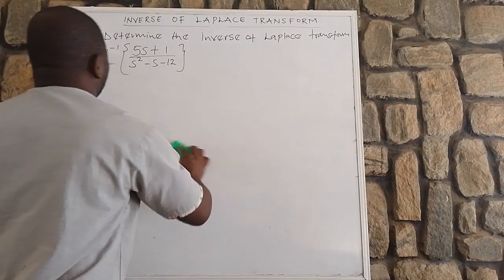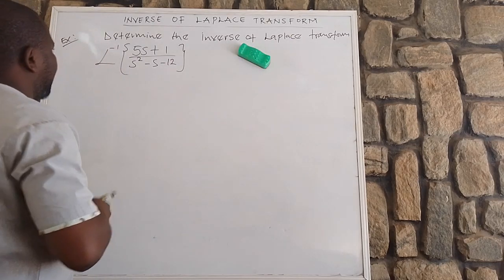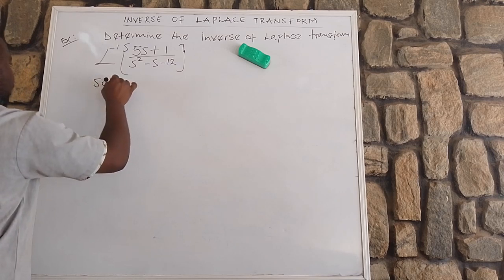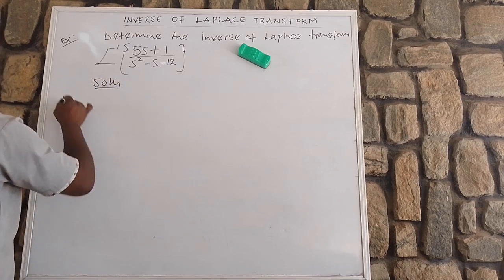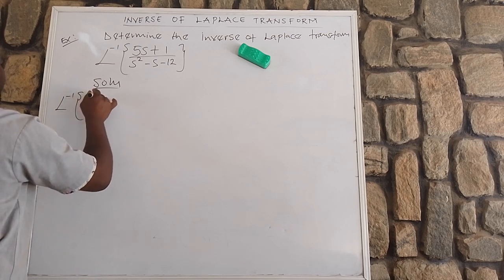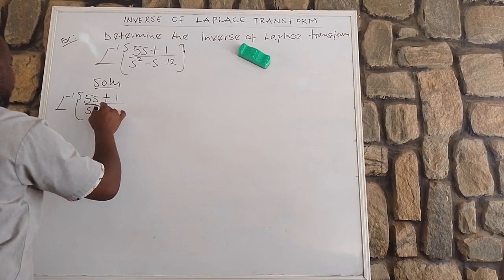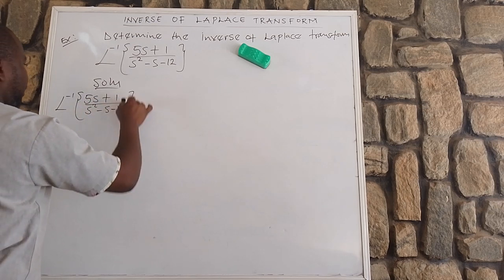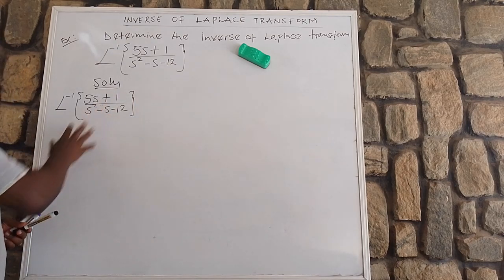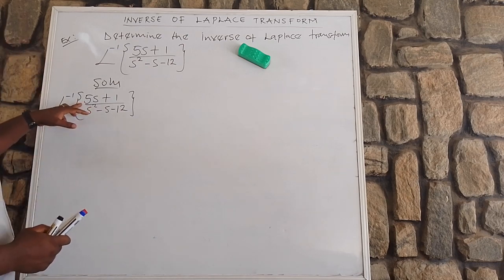Please, if you come across questions like this, first we'll write solution. Let us write solution. Then Laplace inverse of (5s plus 1) all over (s squared minus s minus 12). Okay. Now, at first, what you will first consider is look at the bracket.